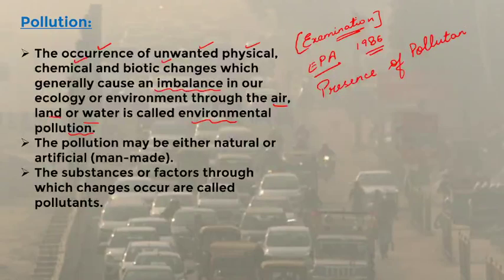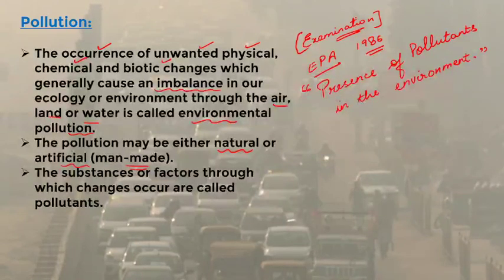So you need to know the definitions of the respective acts. Presence of pollutants in the environment: a very simple definition given by the Environment Protection Act 1986, which says that the presence of pollutants in the environment is called environmental pollution. And these pollutants come from various sources, which can be natural as well as artificial. Artificial we call man-made sources.